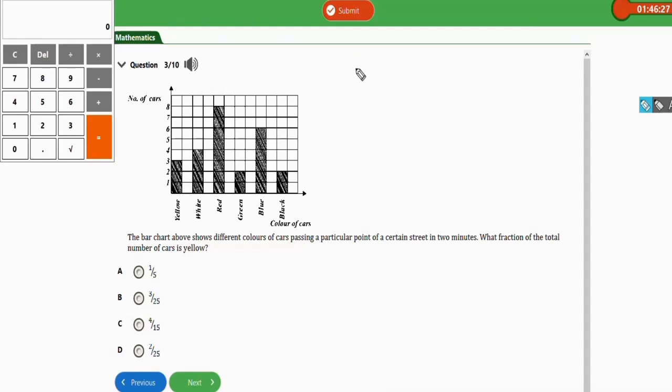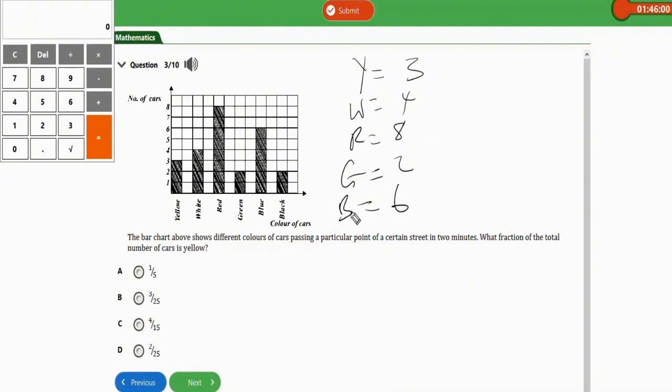The yellow cars are 3, the white cars are 4, the red cars are 8, the green cars are 2, the blue cars are 6, and the black cars are 2 as well.